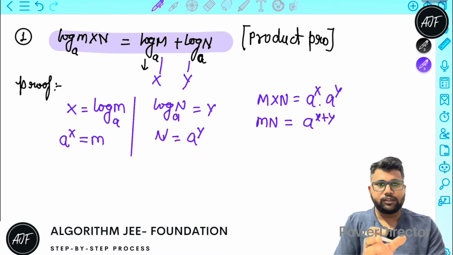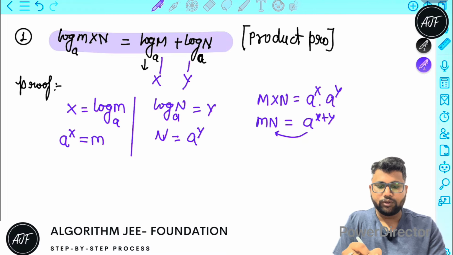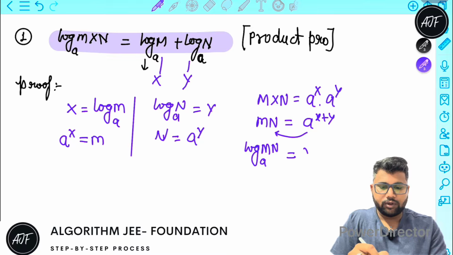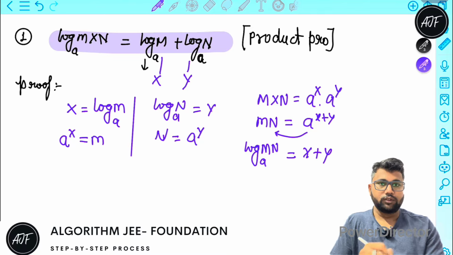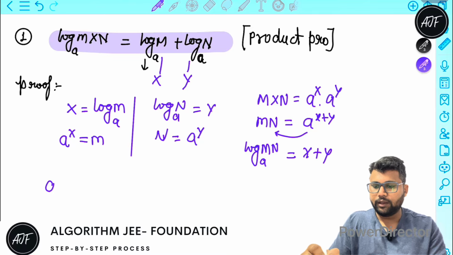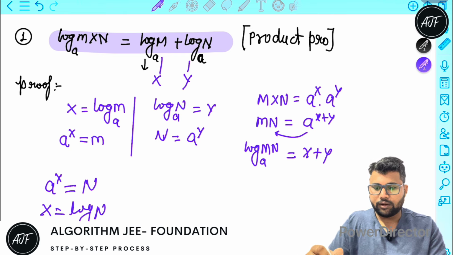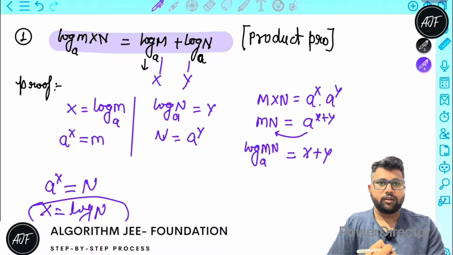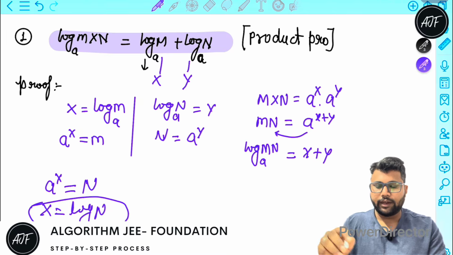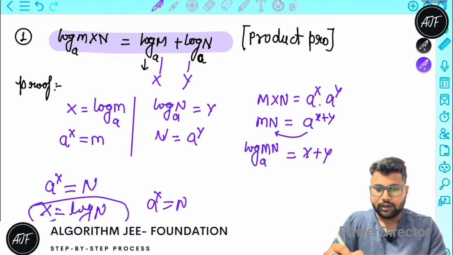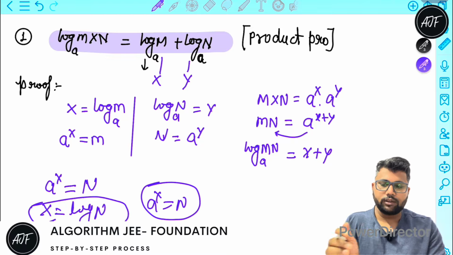Now after that, take the log again. If you shift the base to the other side, it converts like this: log of mn to the base a is equal to x plus y. If you are not confused, a to the power x is equal to, suppose n is given, so it shifts and converts like this. This is a property of log, and the same with anti-log is also possible. If a is shifted to the other side, it is converted into a power. Both possibilities are possible.